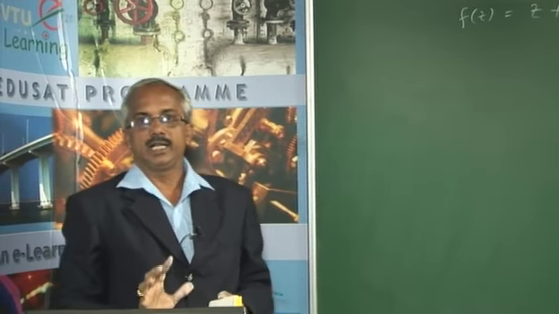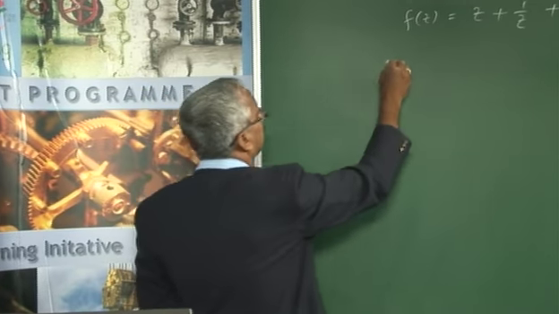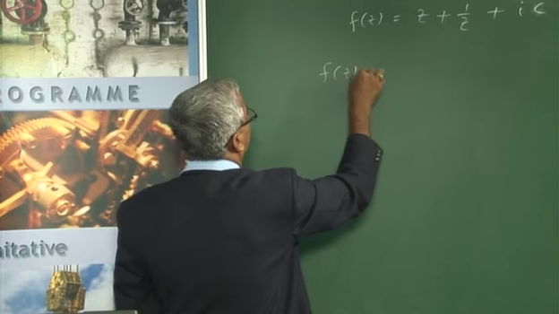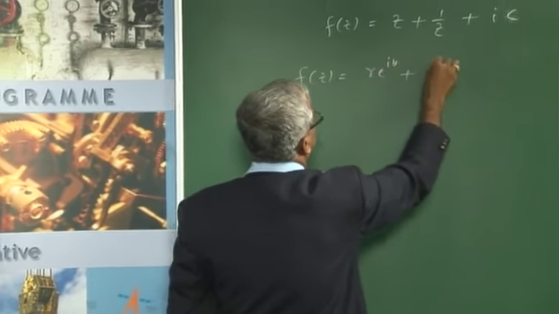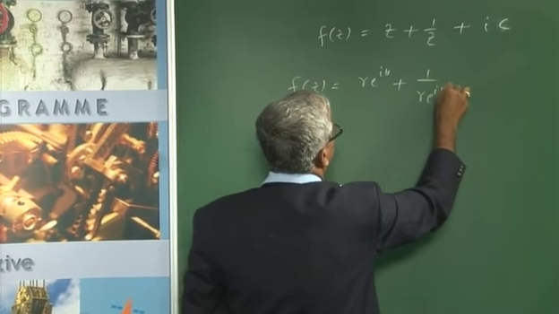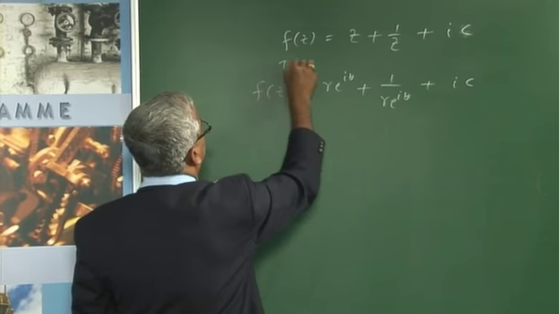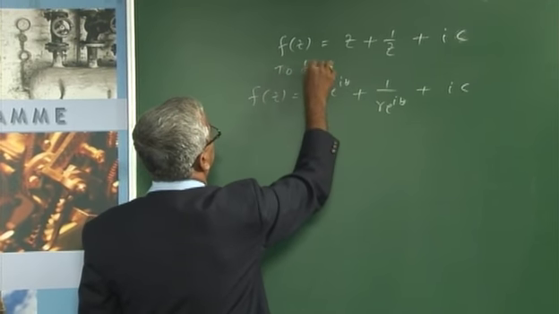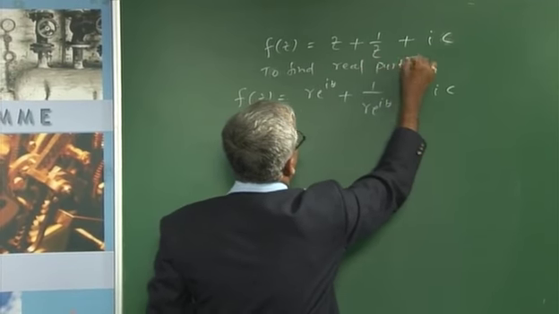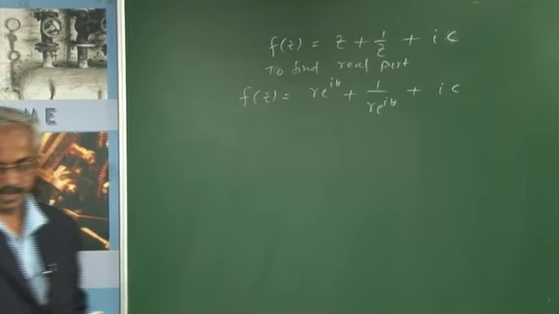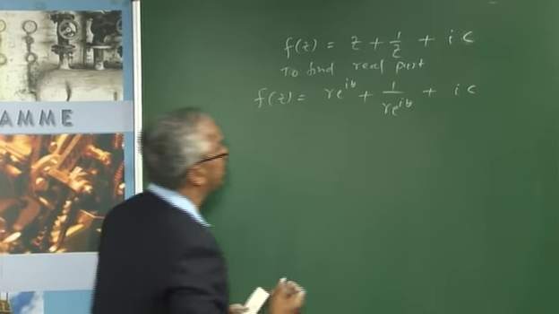Hence, find the real part of this analytic function. As usual, I have to use r e^(iθ) plus 1/r e^(iθ) plus iC to find the real part. Let us consider z equal to r e^(iθ) in f(z) equal to z plus 1/z.